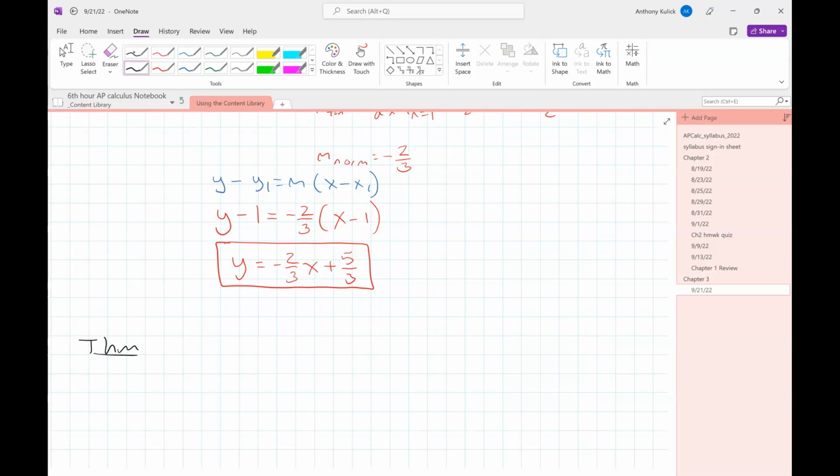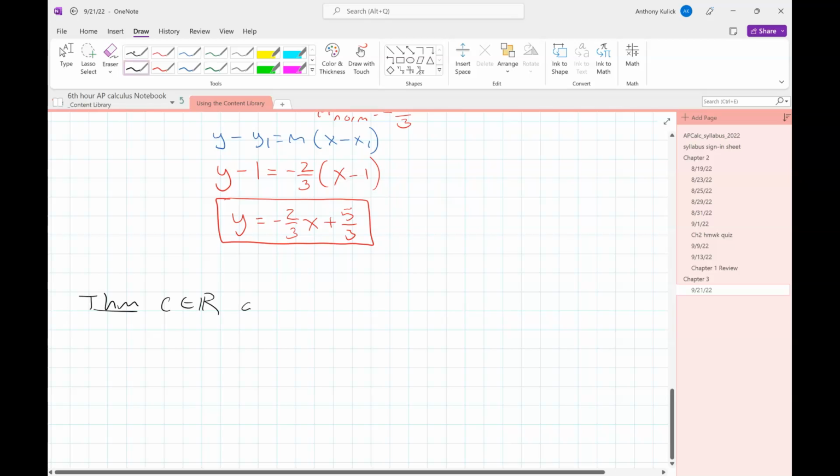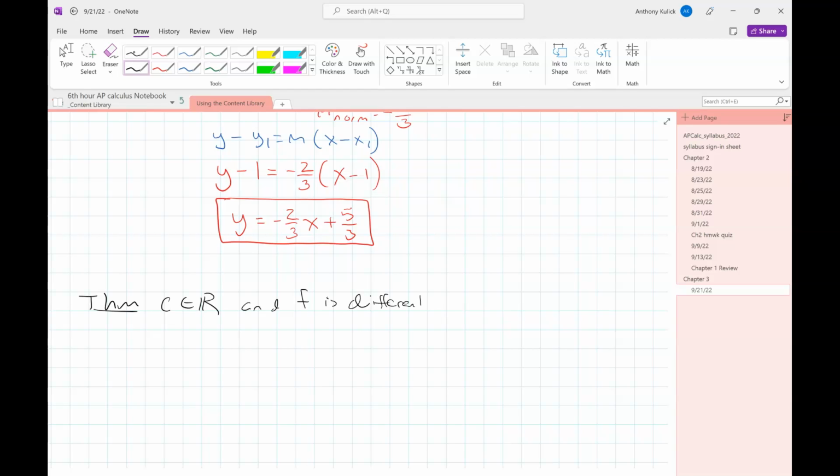All right, back to some more shortcuts. Assuming that c is some constant, and we have f that's differentiable, we can say the following.